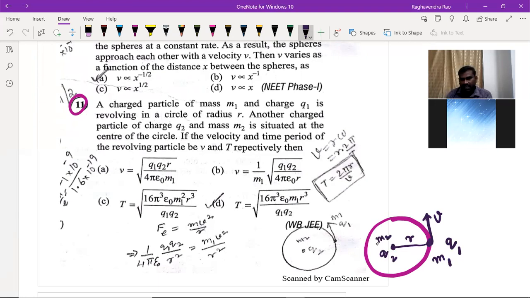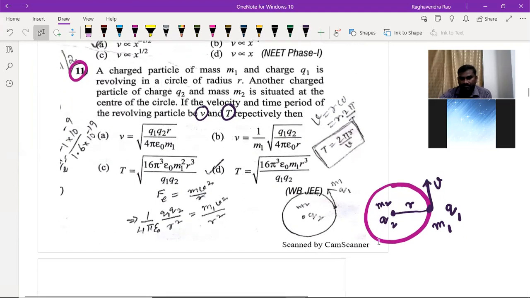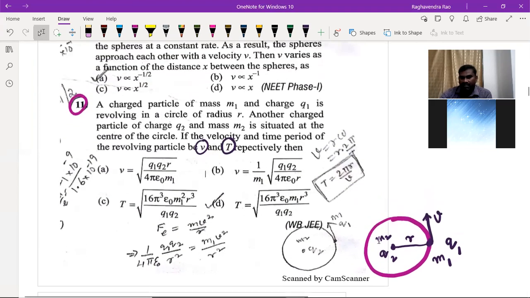If the velocity and time period of the revolving particle are v and T respectively, then what are the expressions for v and T? Now, as we discussed in yesterday's class, if a body is revolving in a circular path, it requires centripetal force.